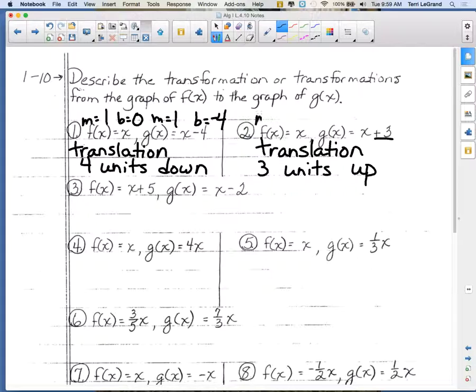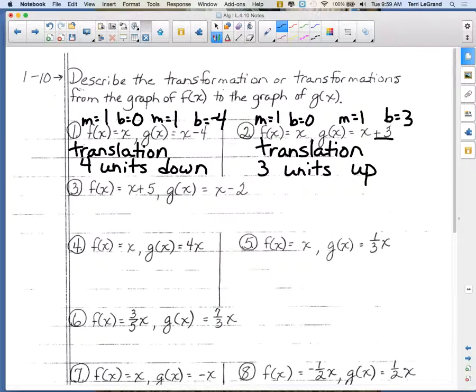Let's do this over here, too. With the parent function, you're going to write that without even thinking. M equals 1, B equals 0. How about for our g of x function? M equals 1, B equals +3. Thus, the slopes did not change, so it could only be a translation.